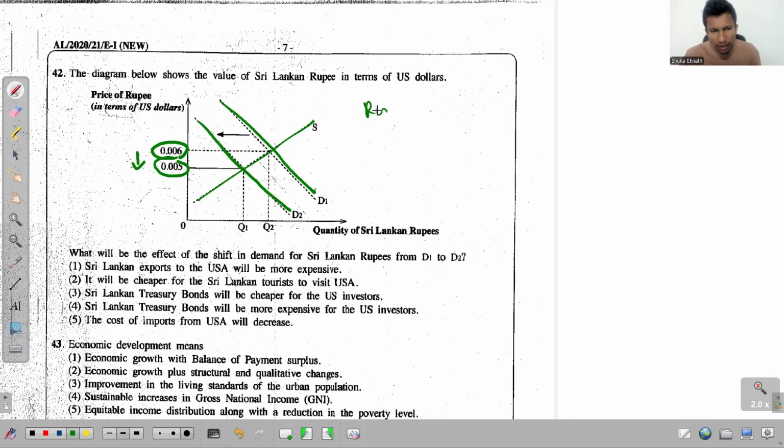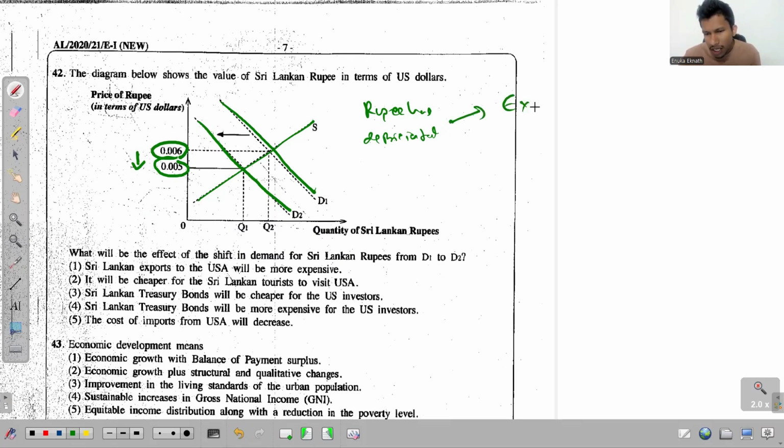So let me write: rupee has depreciated, right?